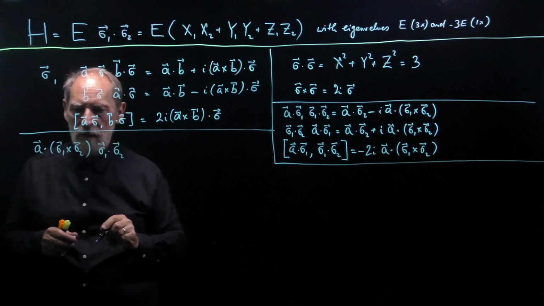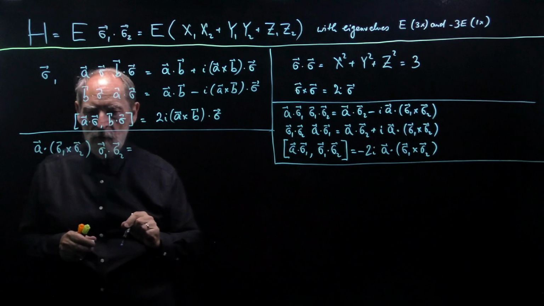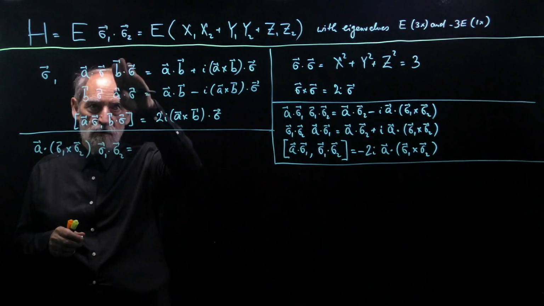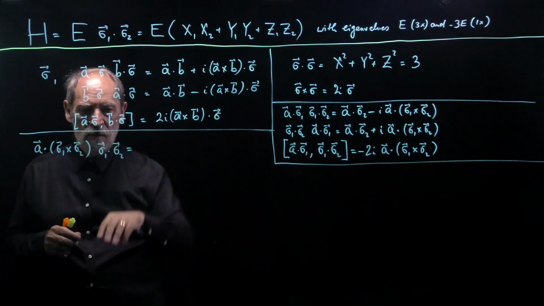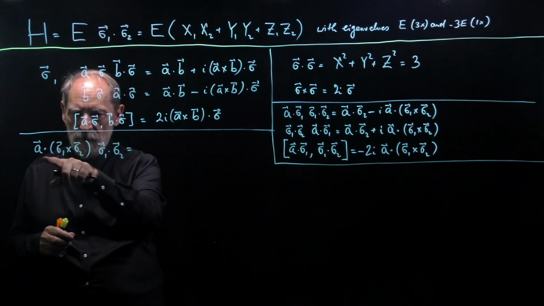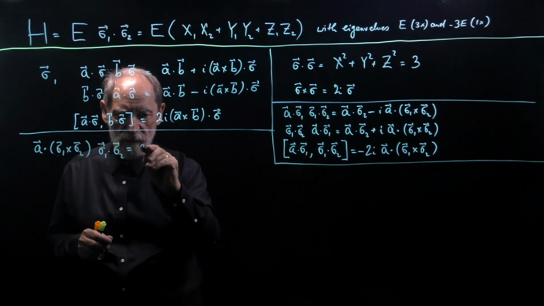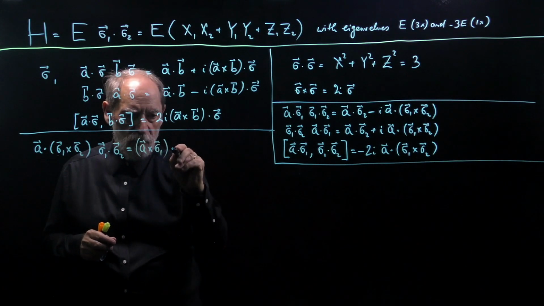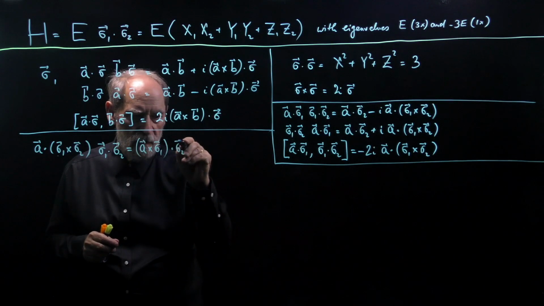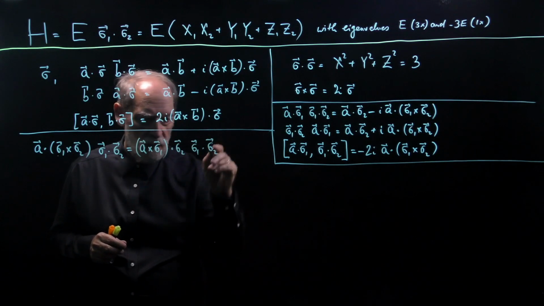Okay, how can we do that? Well, first let's bring it into a form that is more susceptible to using some of these expressions. So let me try to bring it into one of those forms. So for that, I just make use of the property that I can rearrange terms here, and I will begin with a cross sigma 1 dot sigma 2, and then sigma 1 dot sigma 2.